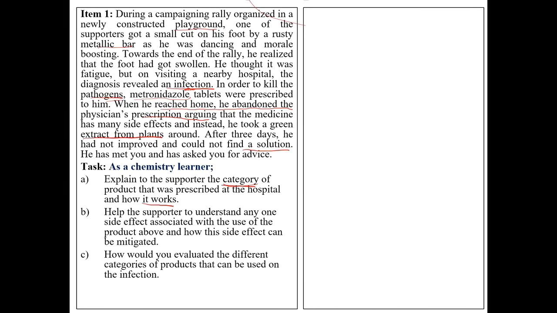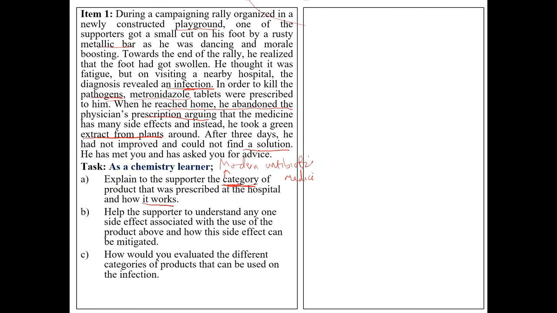Are you saying that? So in that case, you'll be able to know that it is modern medicine, antibiotics. Here they want the category just. So the category of medicine this person used is modern. Because for him, when he went home, he used plant extracts, meaning that was traditional medicine he used.